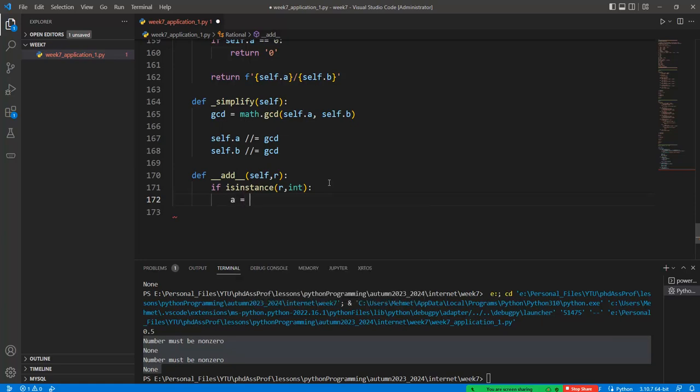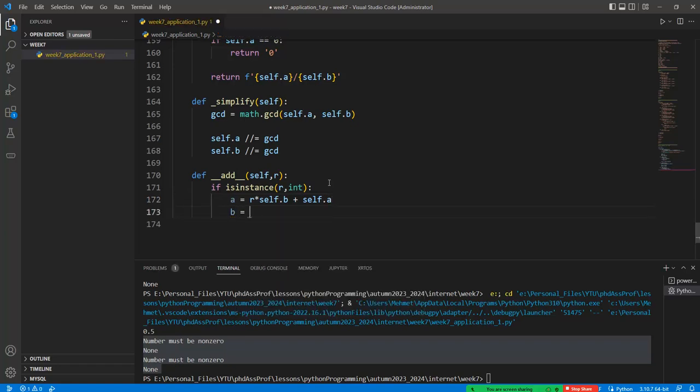So this a can be calculated as r times self b plus self a, and the denominator is multiplied with the right-hand side values. These are the simple mathematical rules for obtaining the rational number calculations, okay?